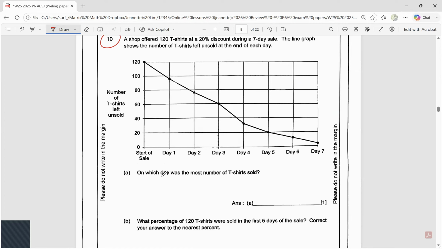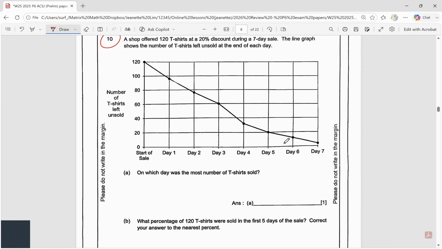Part A, on which day did the most number of t-shirts sell? So this graph shows you the number of t-shirts that are left unsold. This is during the 7-day sale, during which there is a 20% discount. So this is basically what's unsold at the end of each day.